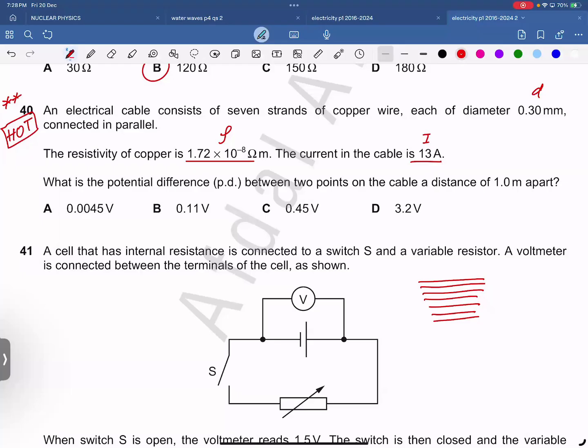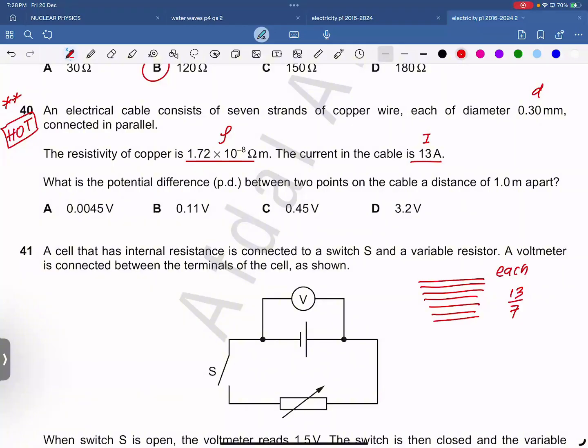Now, what can you do? One of the options is to divide the current by 7 and you will get the current in one wire. Understanding or not? Because they are all in parallel and all identical cables, if all 7 are parallel, the current in each will be 13 divided by 7.